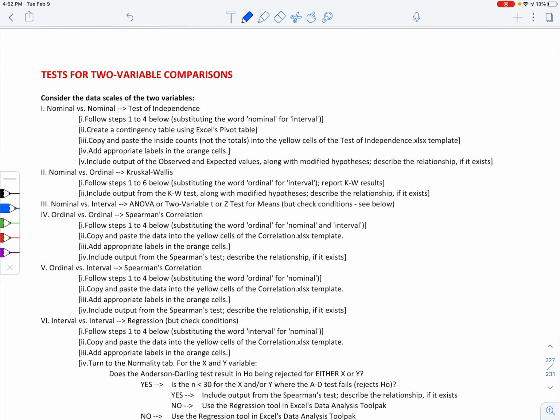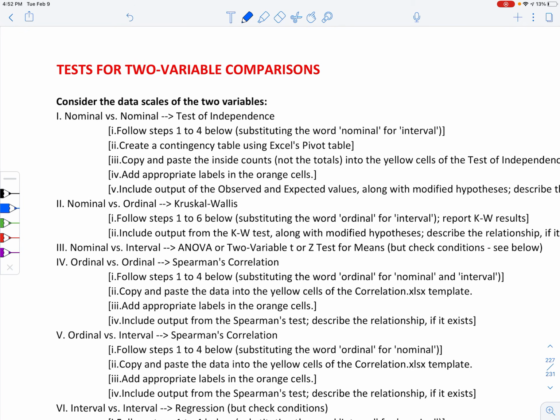So this is the one that's talking about when you've got two variables that you are comparing, what test should you use? And so what we've got here is, again, if we've got two nominal variables, then we're using a test of independence. If we've got nominal versus ordinal or nominal versus interval, then these are all in the ANOVA classification here.